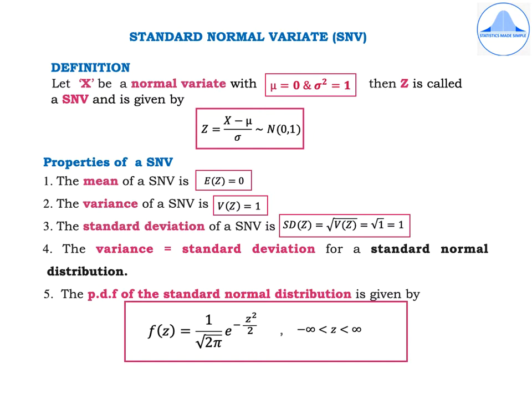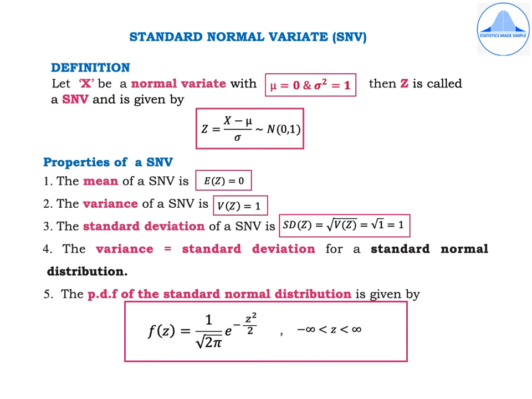Let us now discuss some of the properties of a standard normal variate. So the mean of a SNV is E of Z equal to 0. Till now we used to write E of X, V of X, SD of X. But here Z is the standard normal variate. So the mean of a SNV is E of Z equal to 0, because you know that the mean mu is equal to 0 for a standard normal distribution.